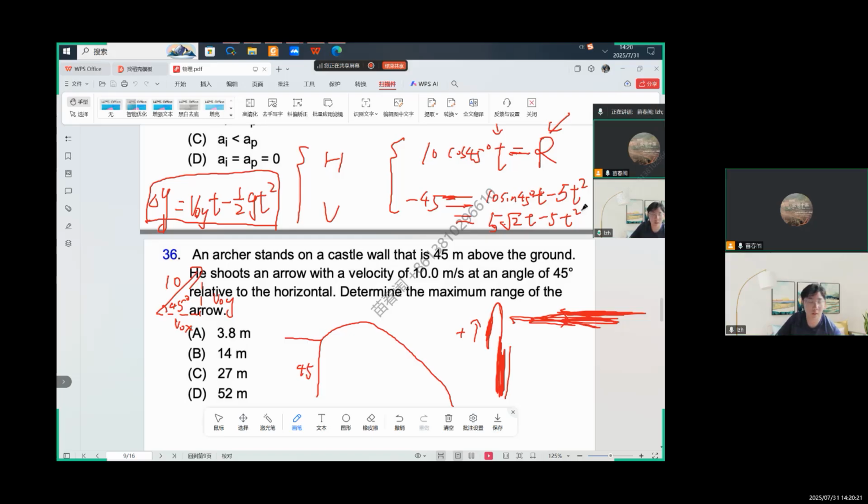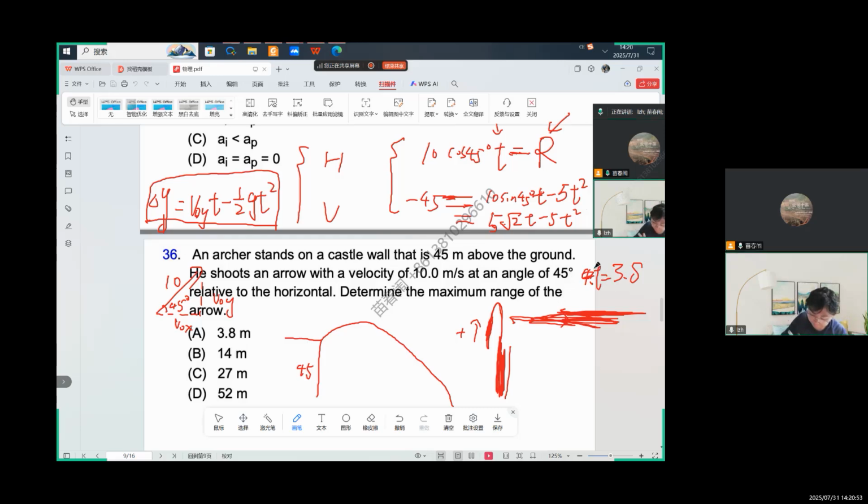You probably have two values of t. One is probably 0 or negative, so maybe you have to give up one and take the other. Does that make sense? What's the time? t is 3.8, right?